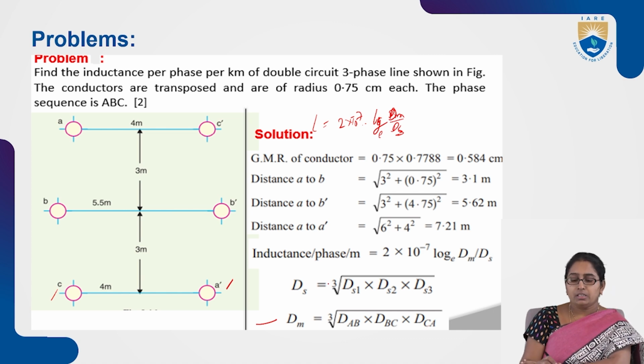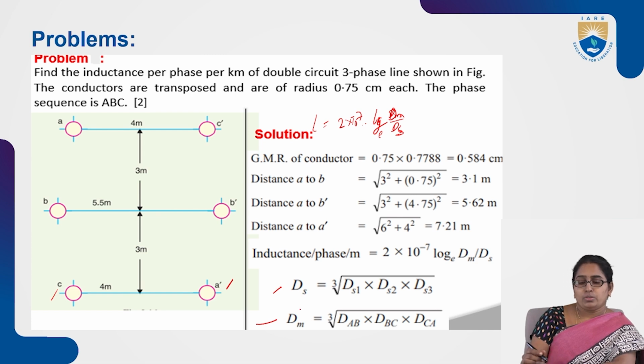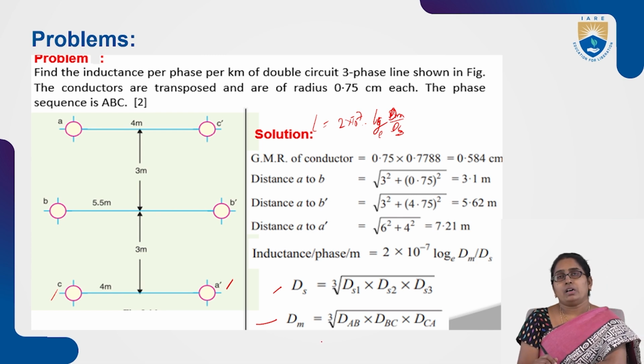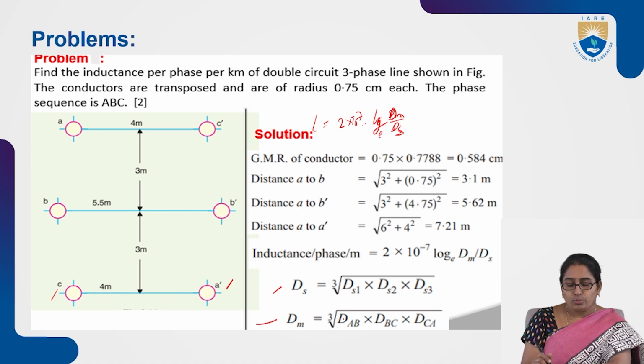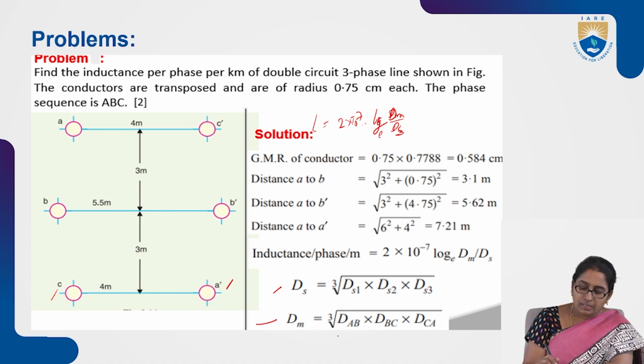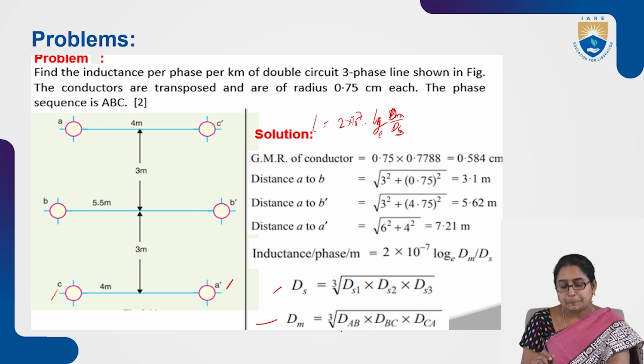Similarly Ds also. So that is Dm and Ds. Next, first we calculate DAB.